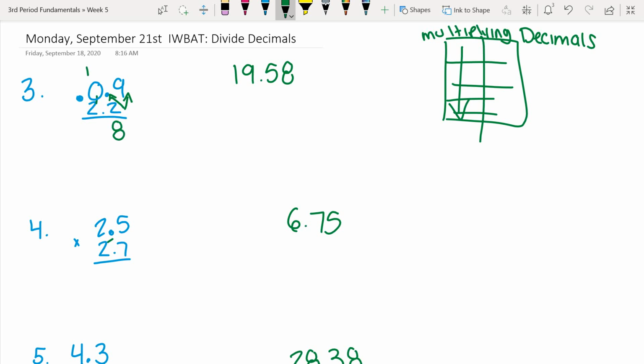Diagonal. 2 times 0, ooh, that one's tricky. Anything times 0 is always 0. So 2 times 0 is just 0, plus our remainder here of 1. So it's just 1. I'm going to cross off that little remainder. Now when I move to the second digit, I go to a second row and I add a placeholder of 0 to fill in where this first number that we multiplied was.